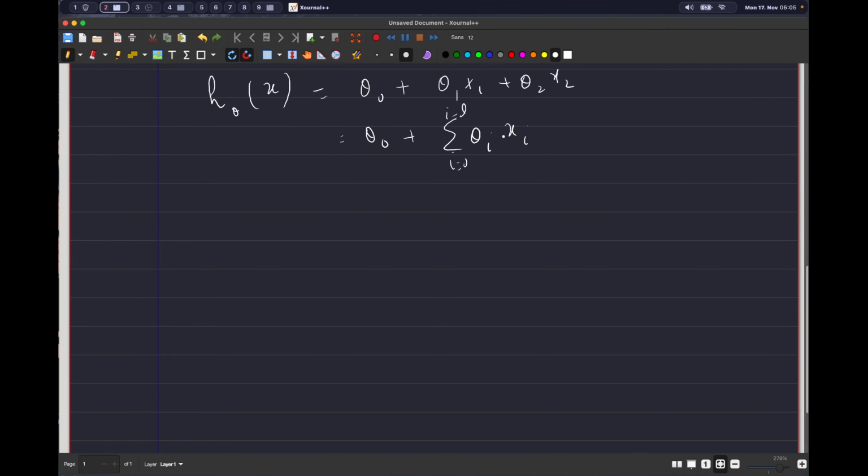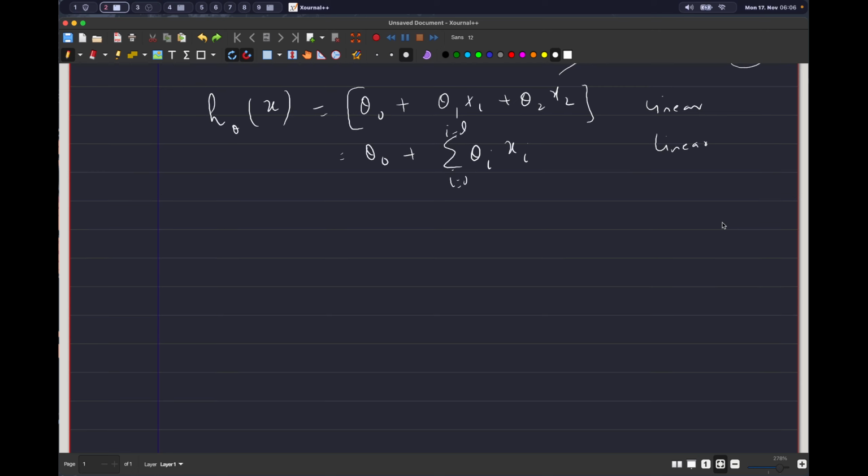Now, why is it called linear regression? So focus on the word linear. This is a polynomial of linear manner, right? There are no terms like x square or x cube or e to the power x. Anything like this is not there.